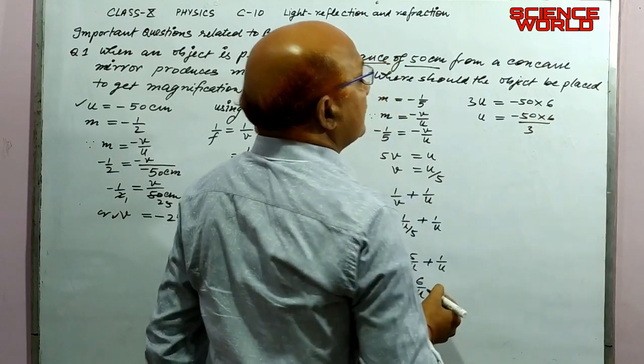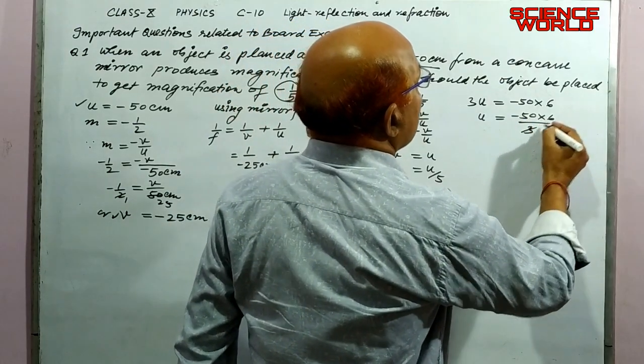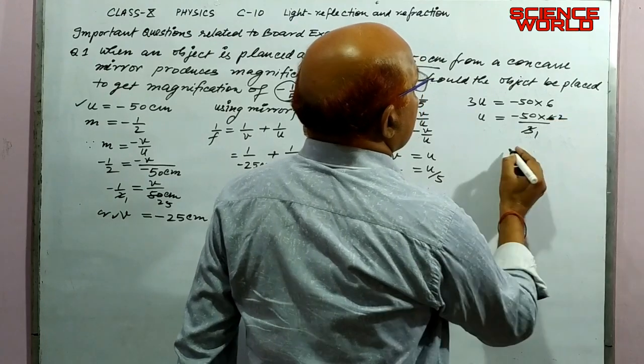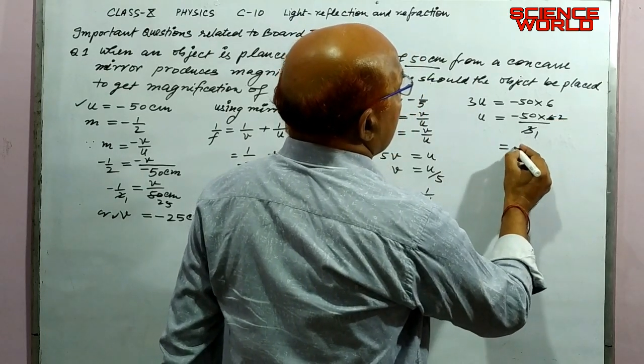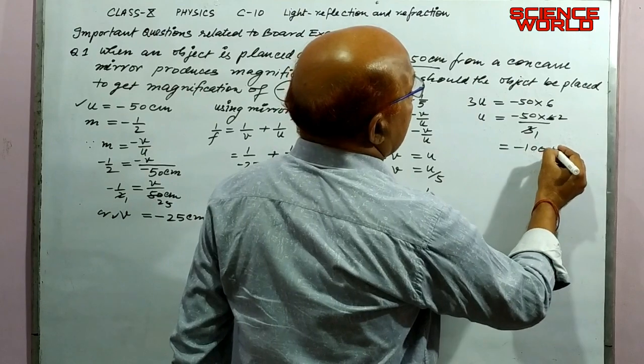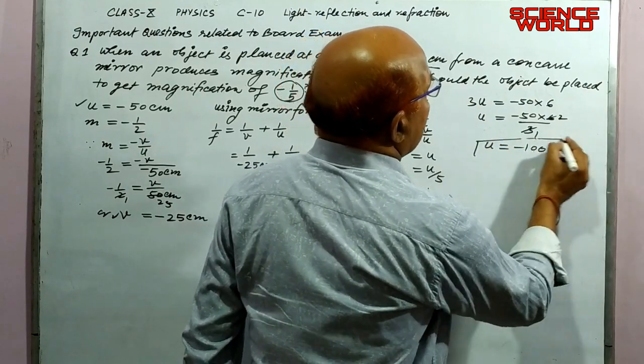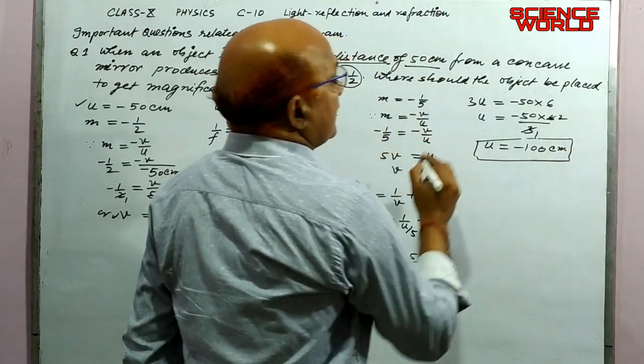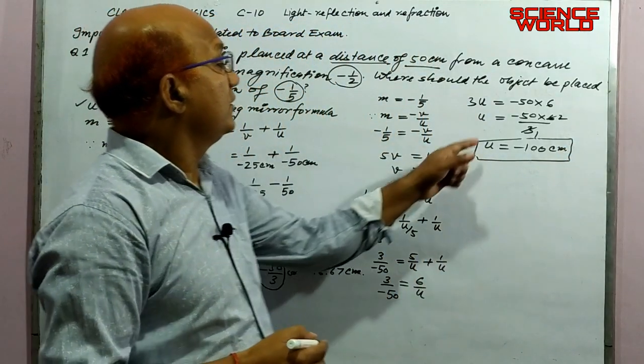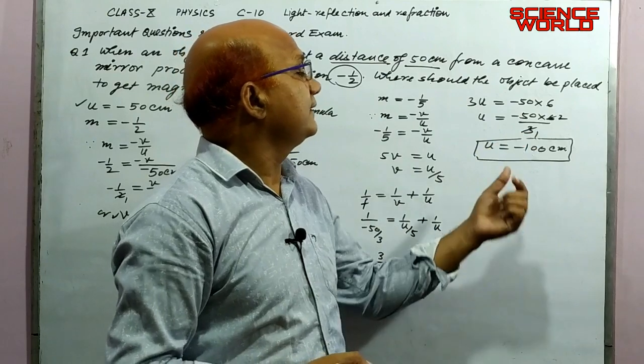Now 3 ones are 3, 3 twos are 6. This is minus 100 centimeter. This is the required value, u equal to minus 100 centimeter.